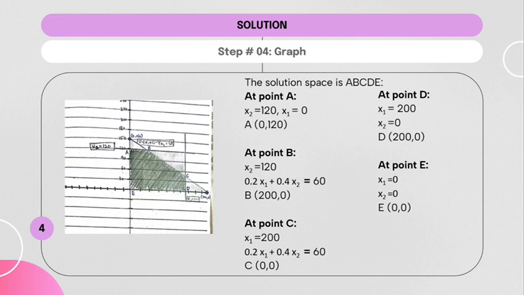At point B, all of the space is allocated to Grano, which says that we have point B values 200 and 0. At point C we got 0 and 0. At point D we got 200 and 0. And at point E we got a similar situation as point C, in which we had x1 and x2 as 0. So we got the answer 0, 0.